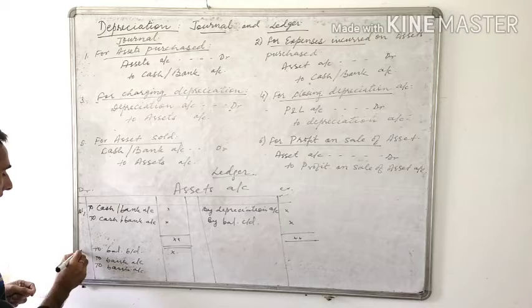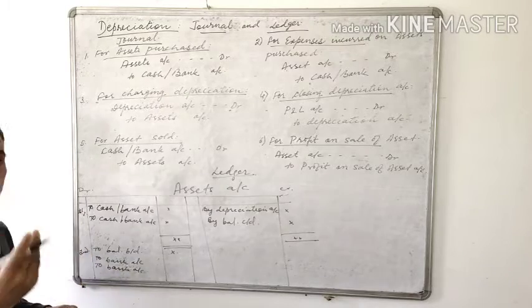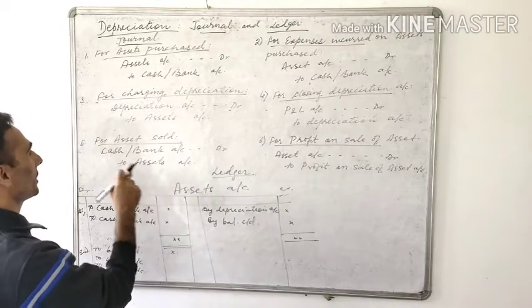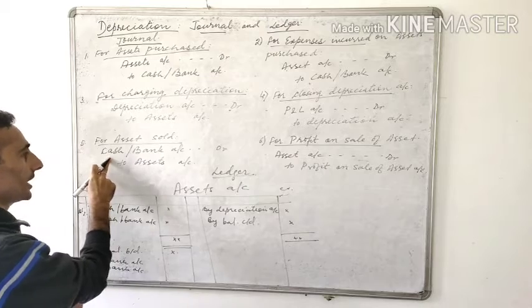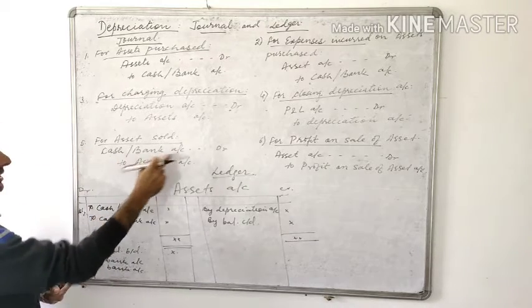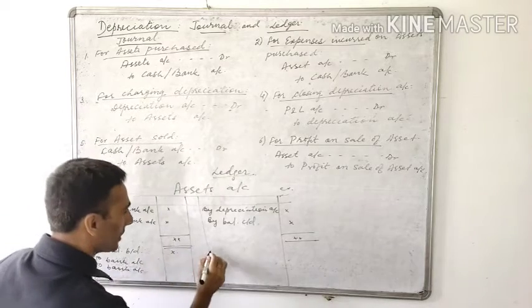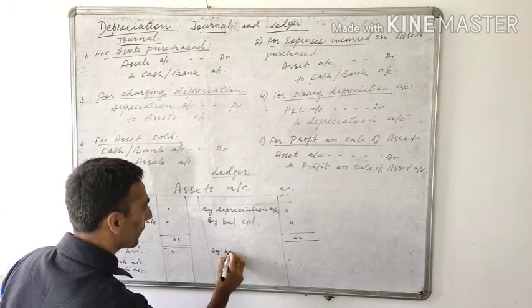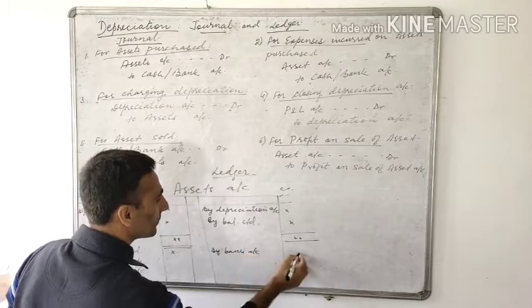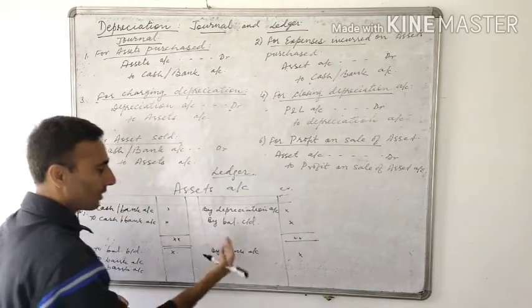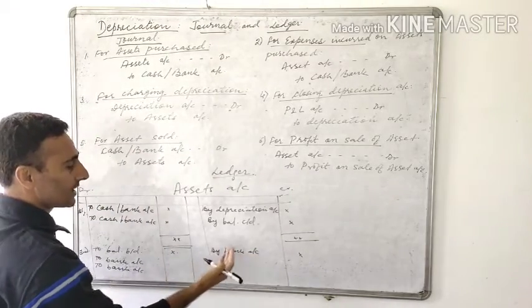And in the second year, supposing if there is any asset sold, then we'll make the entry for sale. So the entry for sale is cash or bank account debit to asset account, that means asset account is credit. So we go to the credit side and write down by bank account. This is bank account or cash account, whatever you have. Okay. So this is for asset sold.